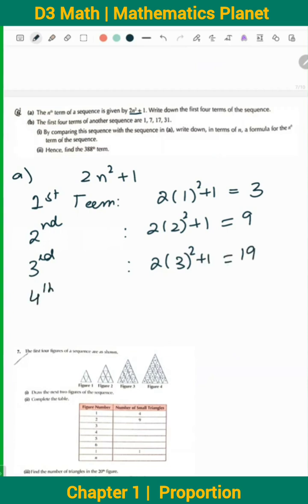Fourth term would be 2 times 4 square plus 1. What will you get? 33. Are you all getting 33? Yes.